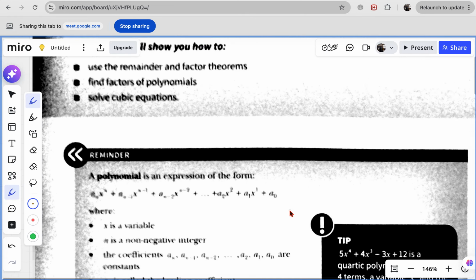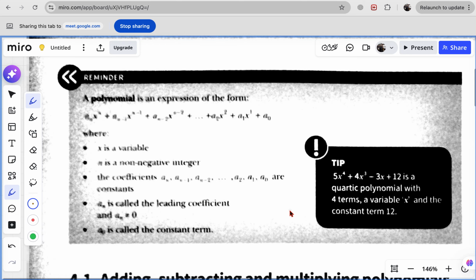And here are some quick reminders, things you need to know about polynomials.